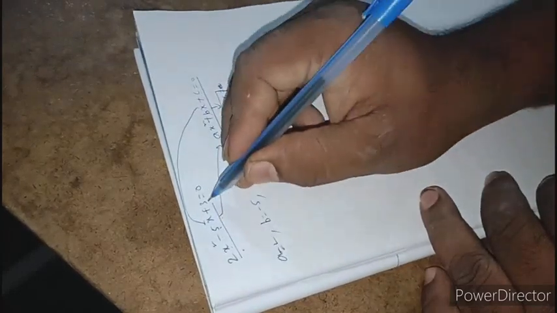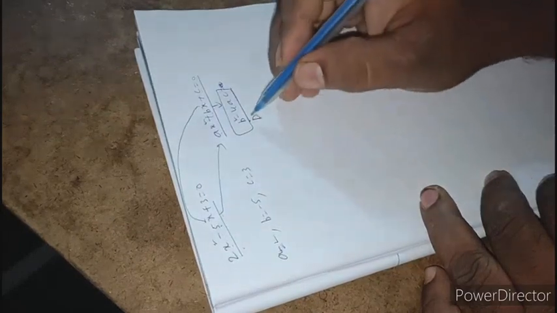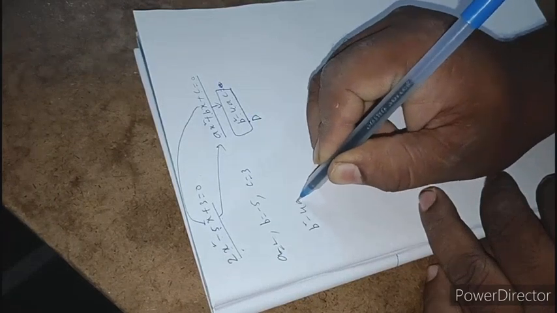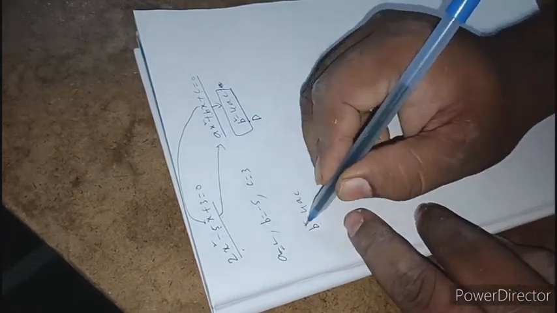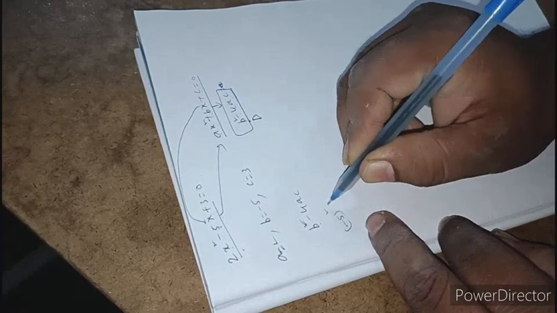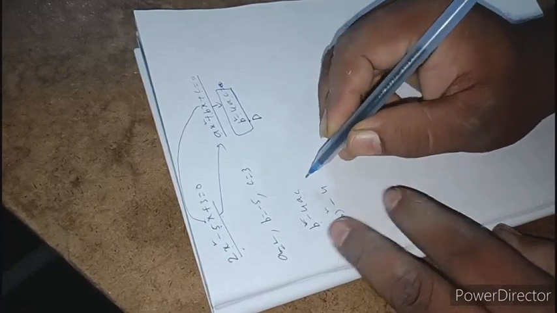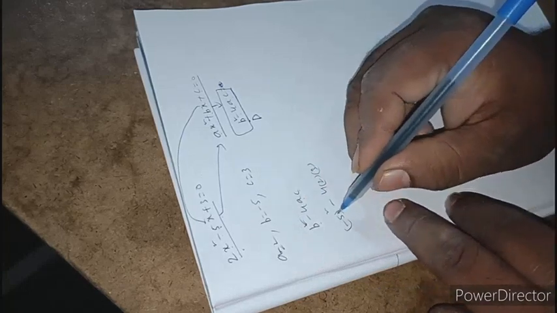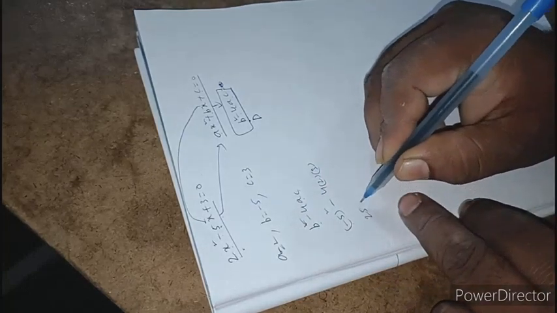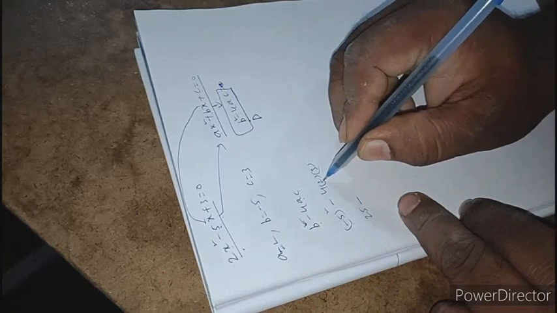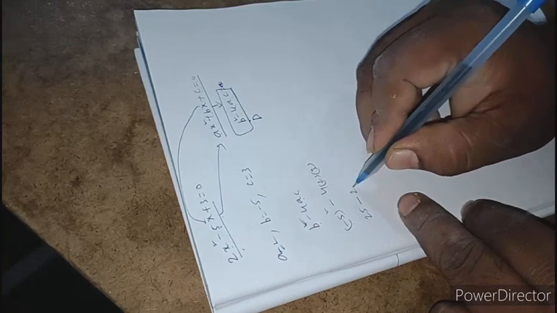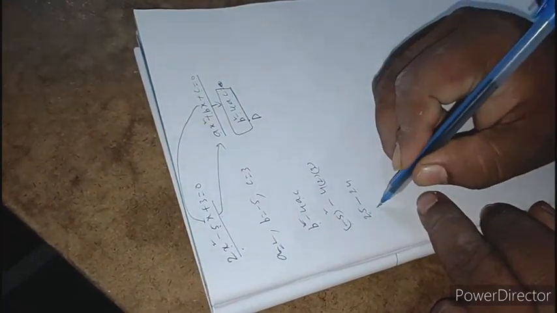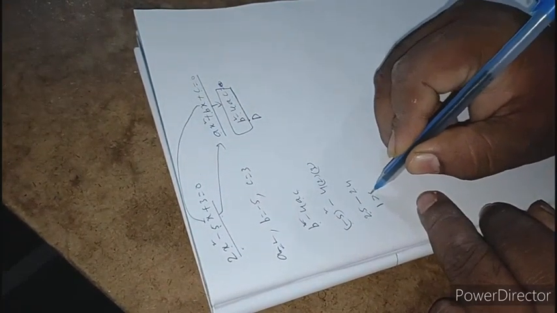In the place of c we have 3. b square minus 4ac, b square means (-5) whole square minus 4ac. a is 2, c is 3. (-5) square means 25. 4 2s are 8, 8 3s are 24. 25 minus 24 is 1, which is greater than 0.